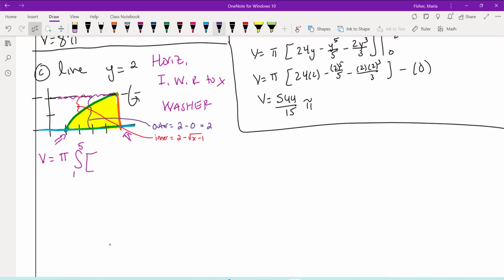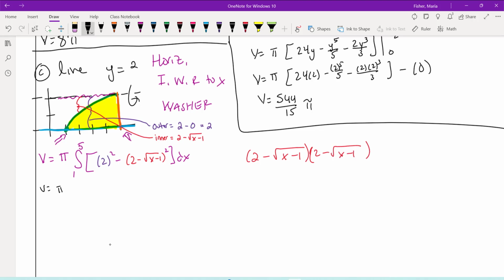So we say outer radius squared, 2 squared, minus inner radius squared, 2 minus the square root of x minus 1, squared dx. Now for this 2 minus the square root of x minus 1, I'm going to go ahead and write it twice over here so that it's easier for us to visualize when we're foiling, and then I'm going to erase it from over here.